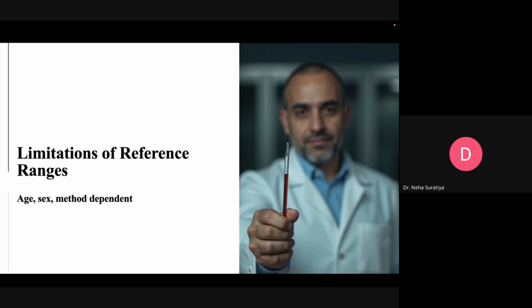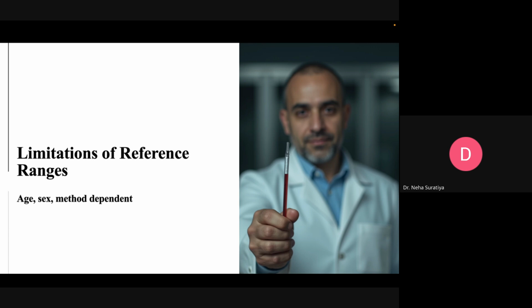Okay, what are the limitations of reference ranges, guys? Now here's where many mistakes happen. Let me tell you, assuming reference ranges are universal is a very big issue. They are not. Reference ranges change based on age, whether the patient is a newborn, adult or elderly.